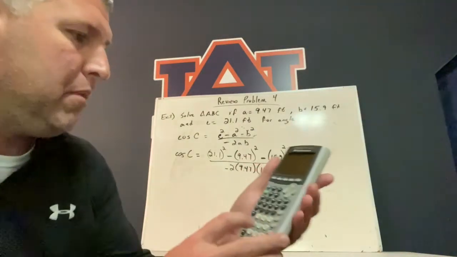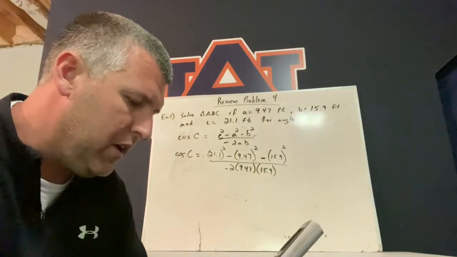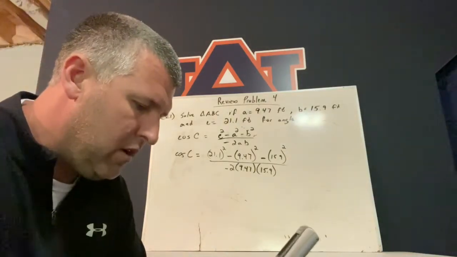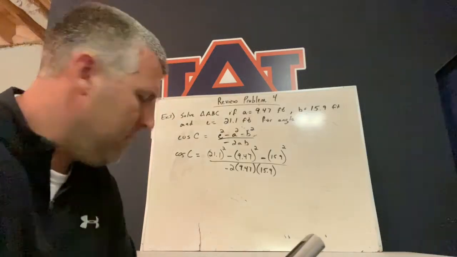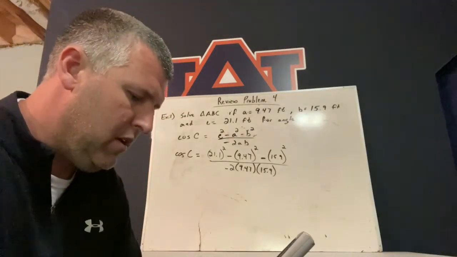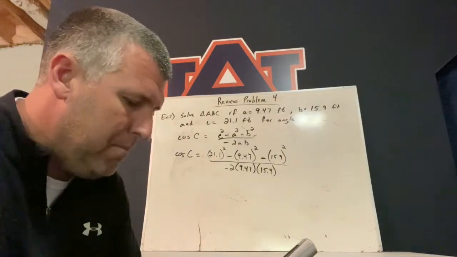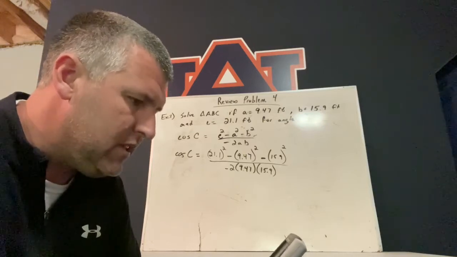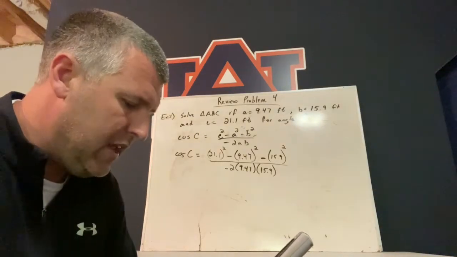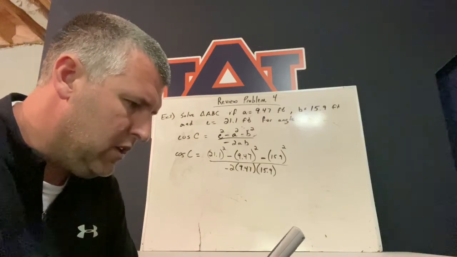So I'm just going to go parentheses, 21.1, close parentheses, squared, minus parentheses, 9.47, close parentheses, squared, minus parentheses, and I'm going to show you this, 15.9, close parentheses, squared.